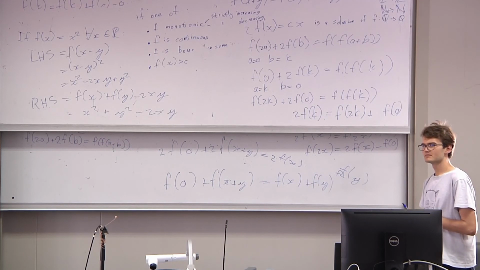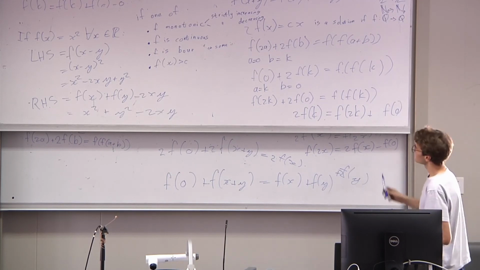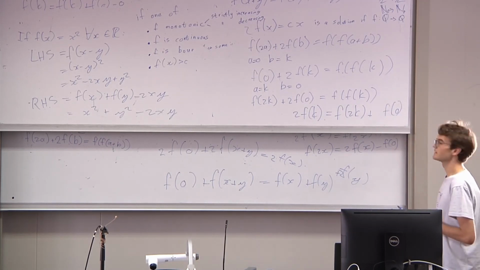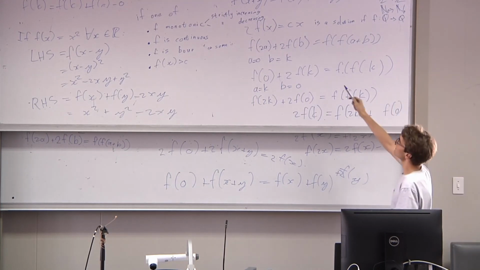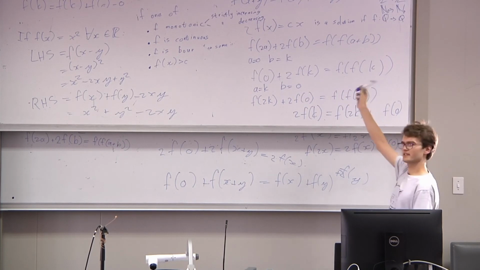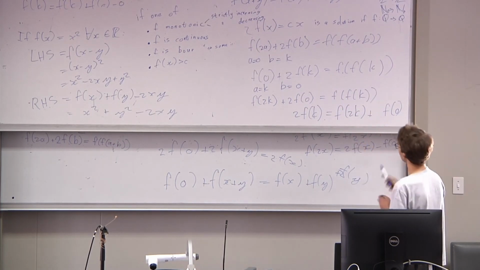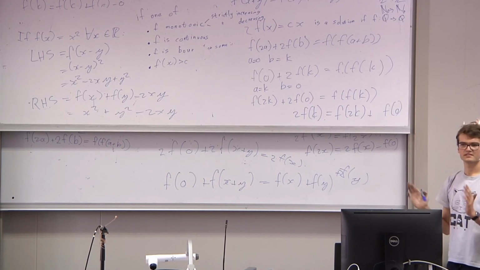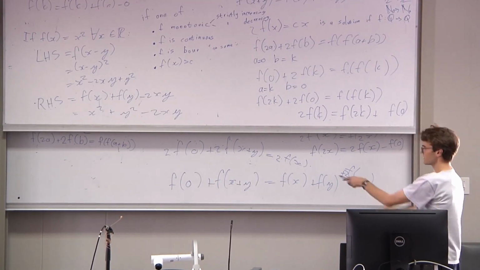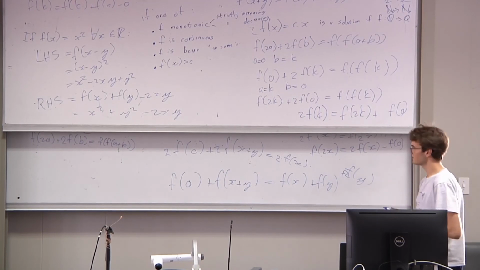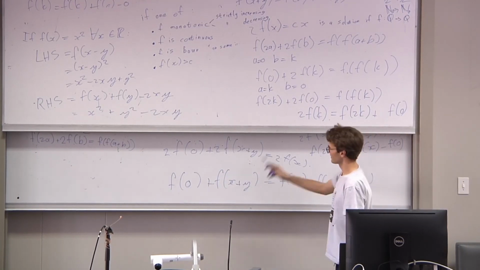Almost a Cauchy. Yep. So if you look at the Cauchy function, it says if f is a function from Z to Z, and f of x plus y equals f of x plus f of y, then f of x is c times x is the solution. Okay, so in this case we still have that f is a function from Z to Z, but we almost have that exact condition.